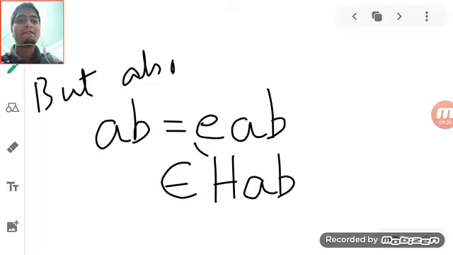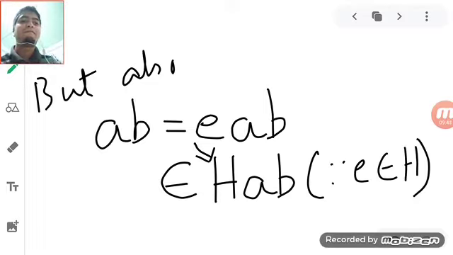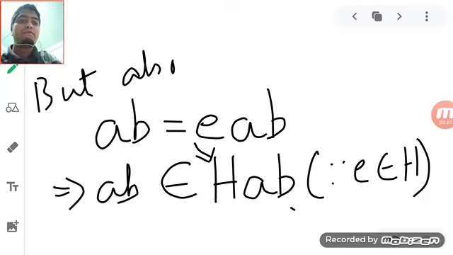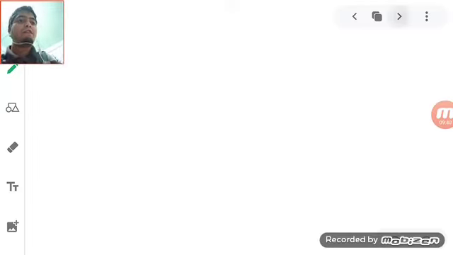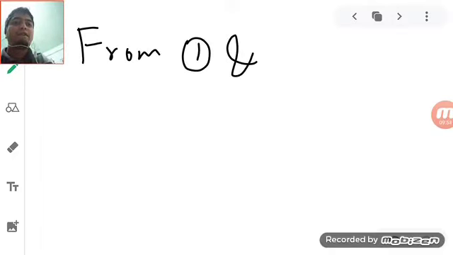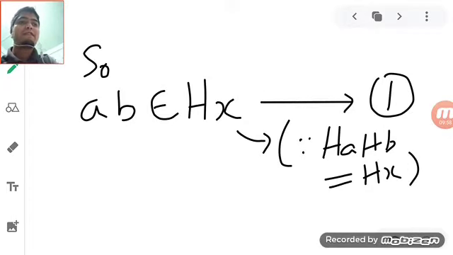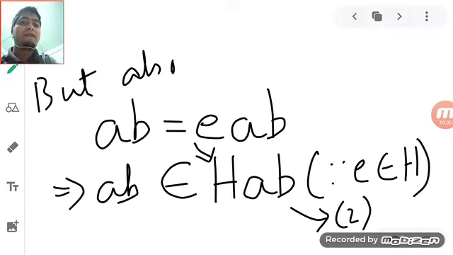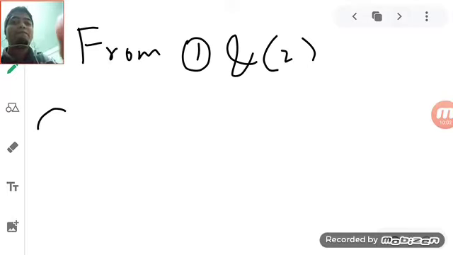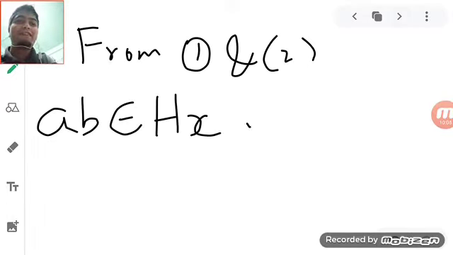The reason is that e belongs to H. This is equation 2. From 1 and 2, ab belongs to HX and ab belongs to HAB. So ab belongs to HX intersection HAB.